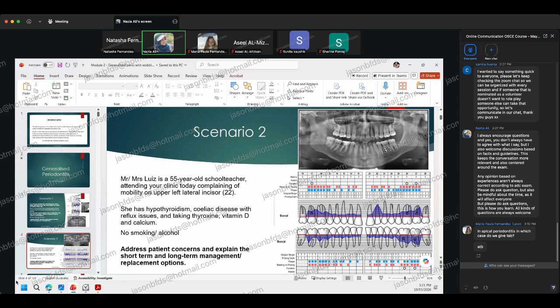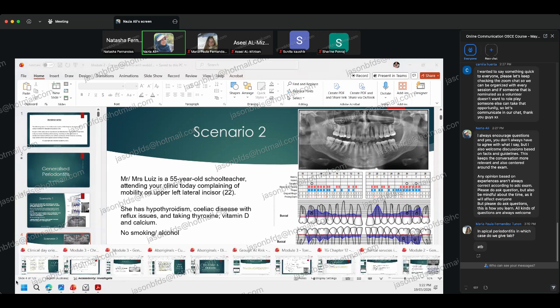The patient says no. So if these teeth are not wobbly and the numbers are high, this is the most important clinical indicator of osteoporosis. With osteoporosis, before you see the bone loss, you see the clinical attachment loss first. All right, that's the sign. That's why they gave us the perio chart. So I'm diagnosing that the reason for periodontitis was osteoporosis.